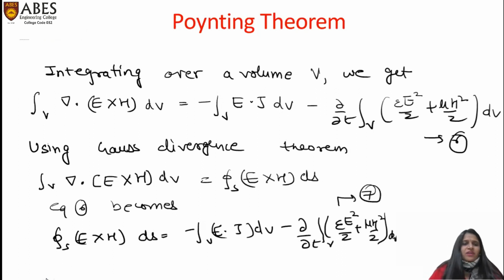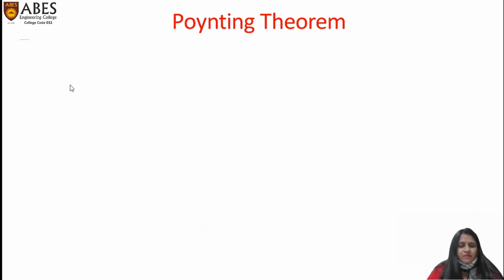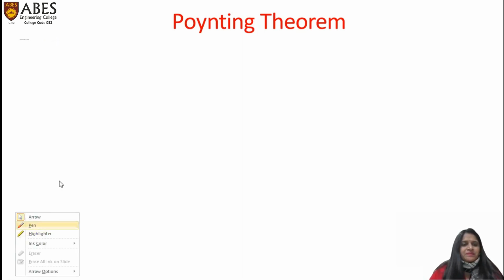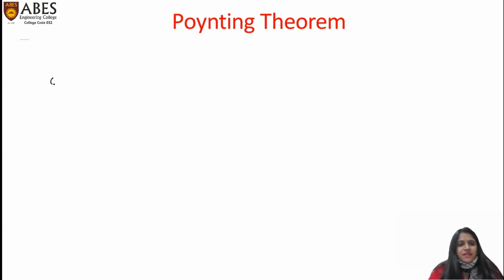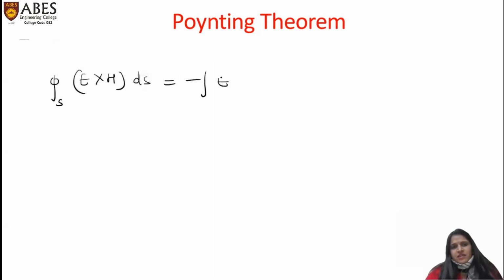So now let us write down equation 7 properly. Equation 7 represents the Poynting theorem, where E cross H represents the Poynting vector. Now let us see what each term of equation 7 is representing.